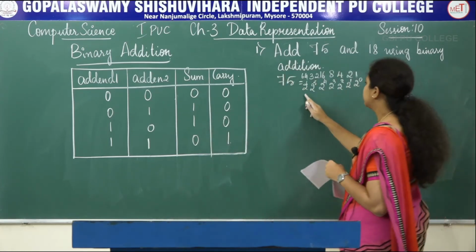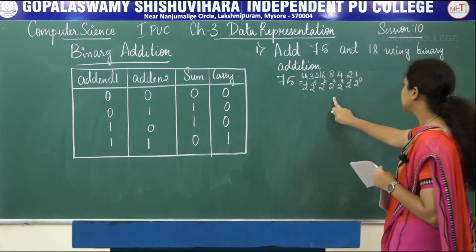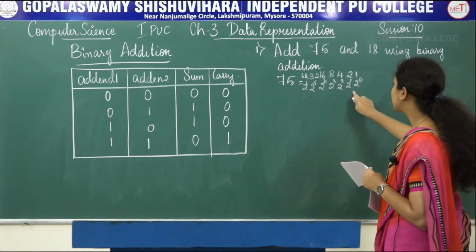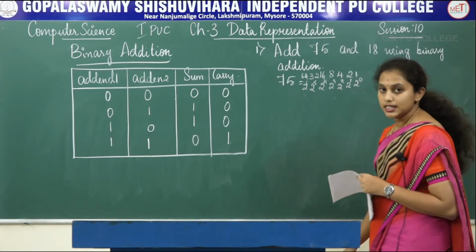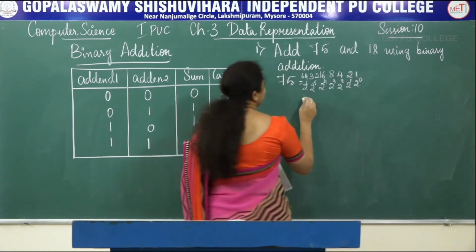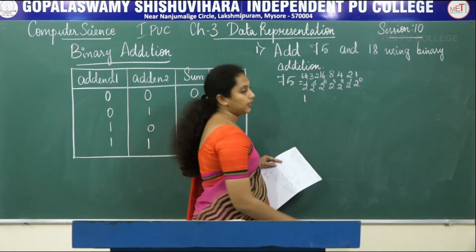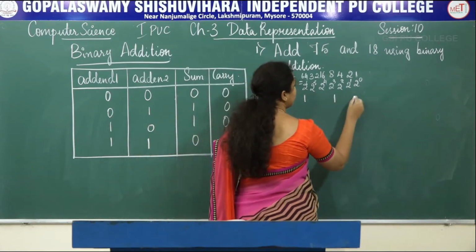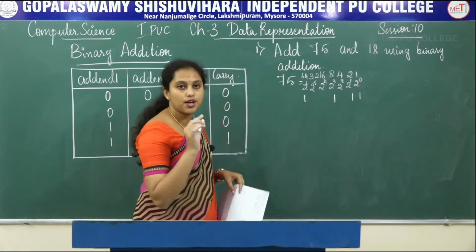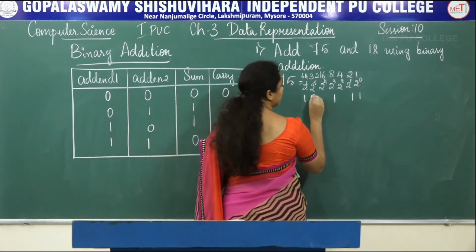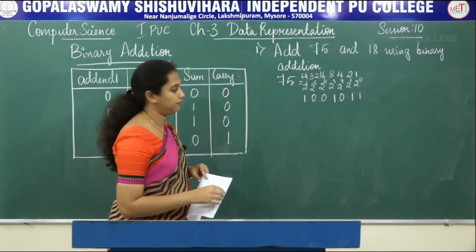So 64 plus 8 is 72. 72 plus 2 is 74. 74 plus 1 becomes 75. So in the place of 64 you have to put 1, and in the place of 8 as well as 2 and 1. In rest of the places you have to put zeros. So this is the binary value of 75.